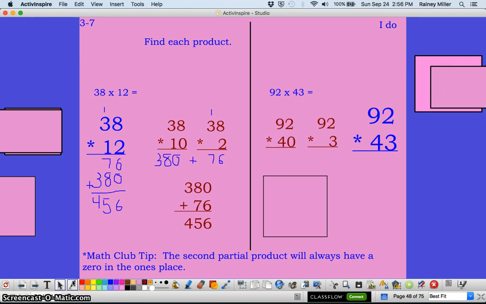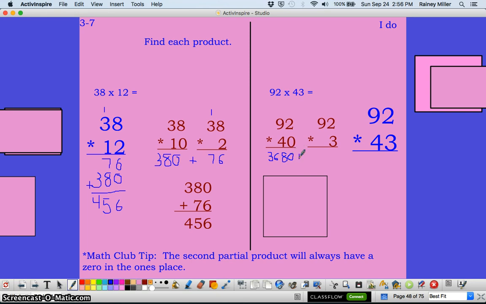So what I'm going to do first is this one, and I'm going to use my zero trick. 4 times 2, I know that's 8. 9 times 4, that's going to be 36. And then I can't forget to put my 0 on the end of it since I'm using my zero trick.